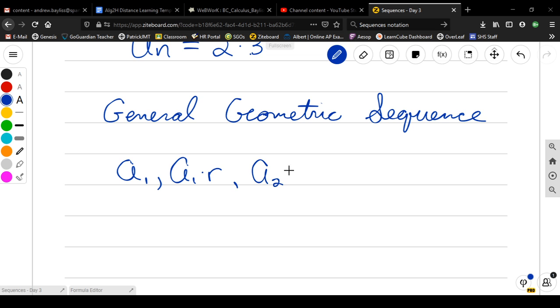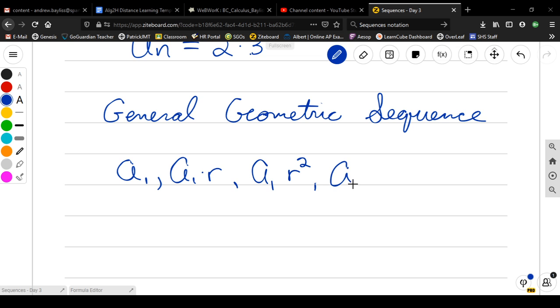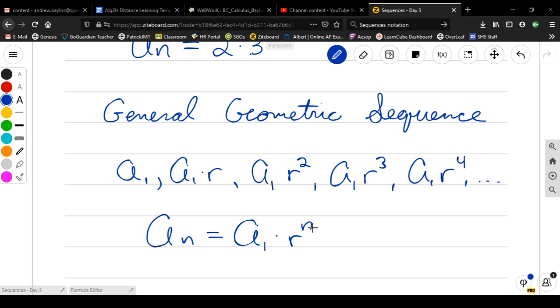Then a sub 1 times r squared. I'm sorry, that's still supposed to be a sub 1, not a sub 2. Excuse me. And this will be a sub 1 times r cubed, a sub 1 times r to the 4th, and so on. We could say a sub n is equal to a sub 1, sometimes they'll call that a sub 0, times r to the n minus 1.